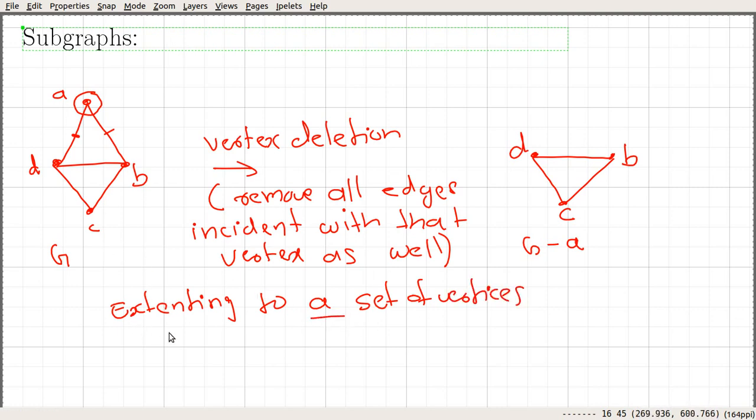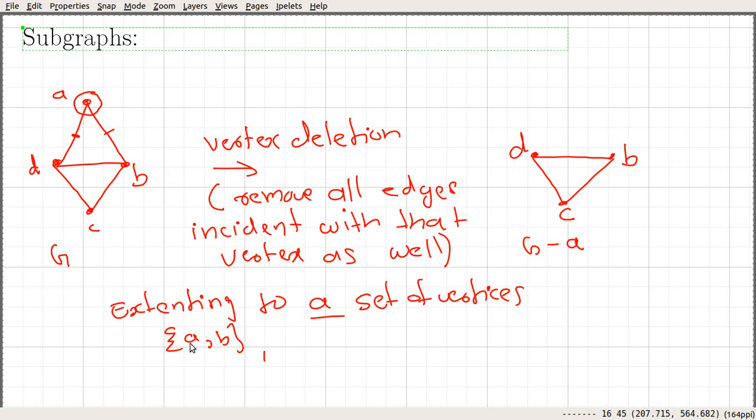Suppose that we want to delete these 2 vertices from this graph G. If we do that deletion, we will get another graph.